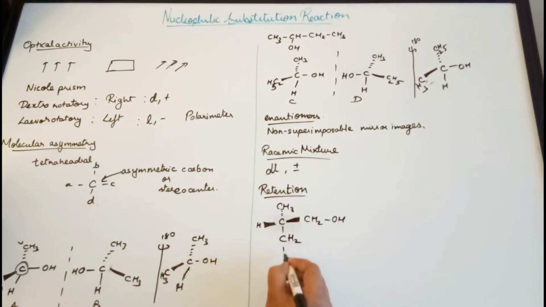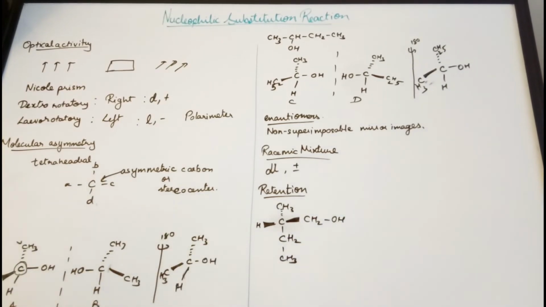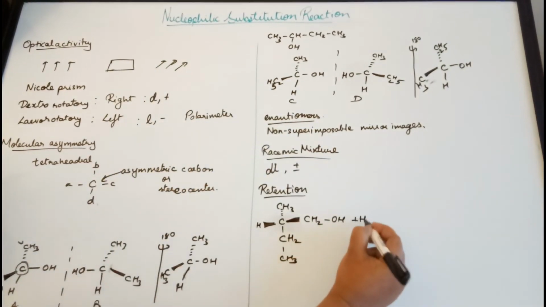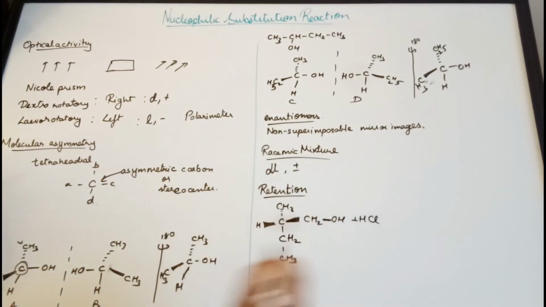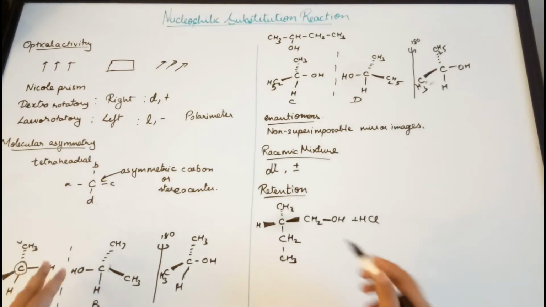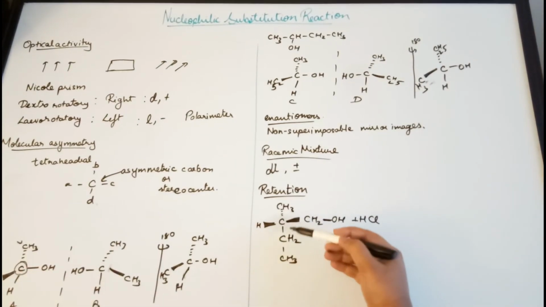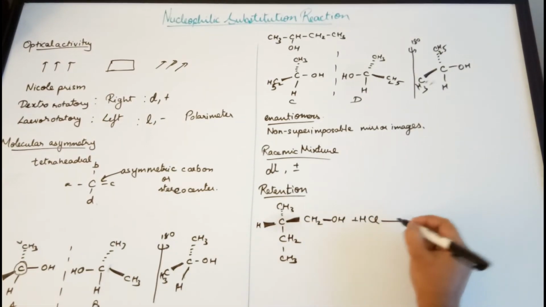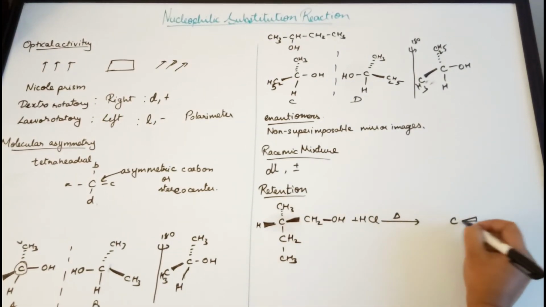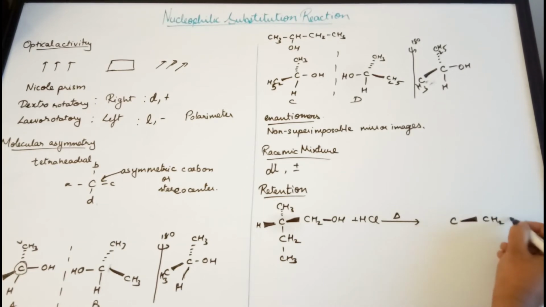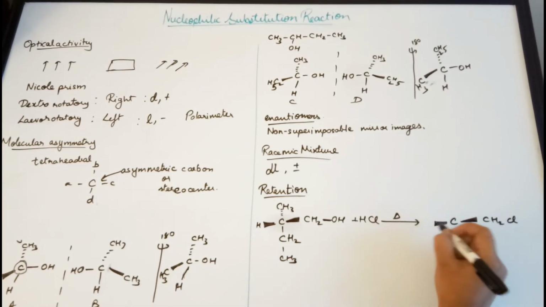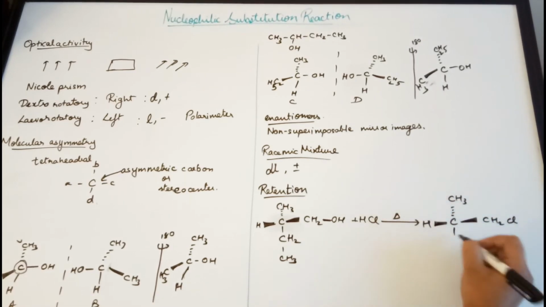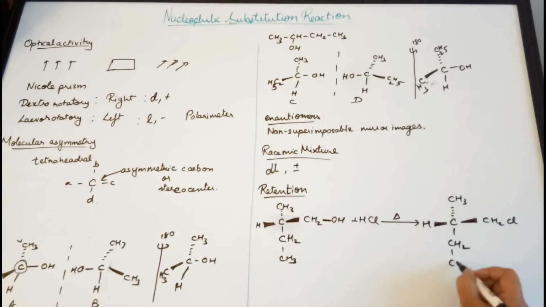So CH2, CH3. Now, when this compound is undergoing a nucleophilic substitution reaction with HCl, what is going to happen? This bond is going to break, and this is not the stereocenter, so the reaction is not taking place over here. So the product will have a CH2Cl, and you have a hydrogen atom, CH3, then at the bottom you have a CH2 and a CH3.